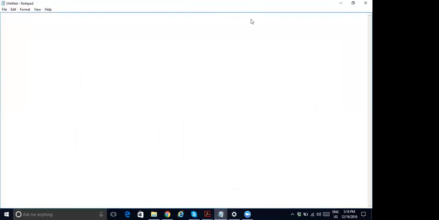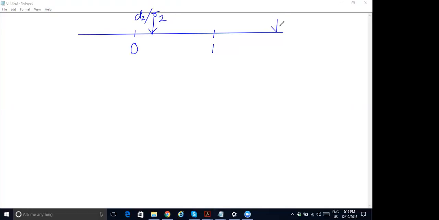So in this, let's say we have a number line like this. So this is 0. This is 1. Now D2 by R2 can be here, or D2 by R2 can be here. 1 is generally considered as the normal value.